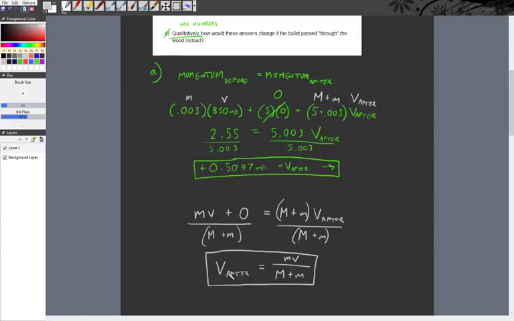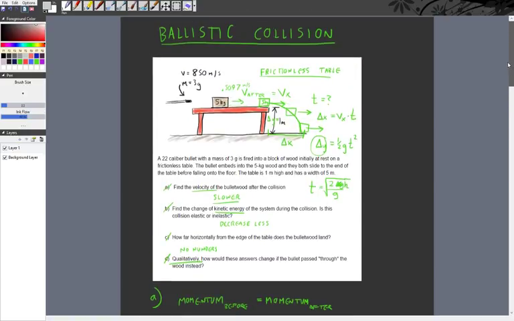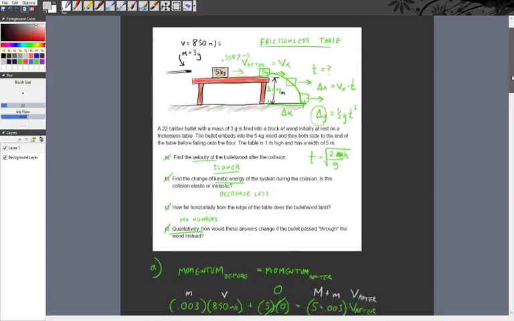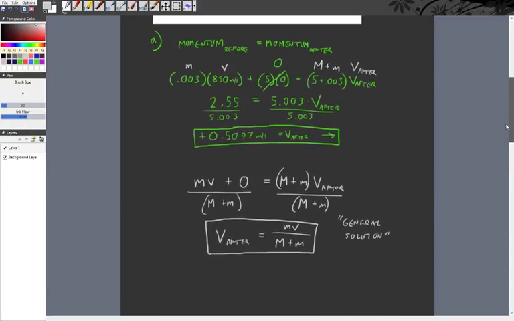And that's our algebraic answer. You know what this is? It's like a general solution to this exact problem. So if I gave you any numbers for the mass of the bullet, the velocity, the mass of the wood, and so forth, and the height of the table, you could then find, well, how fast is the bullet going to be going after that collision?